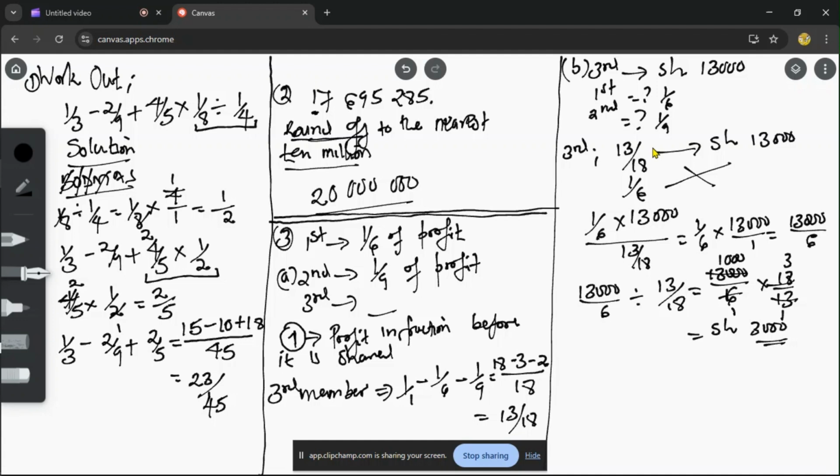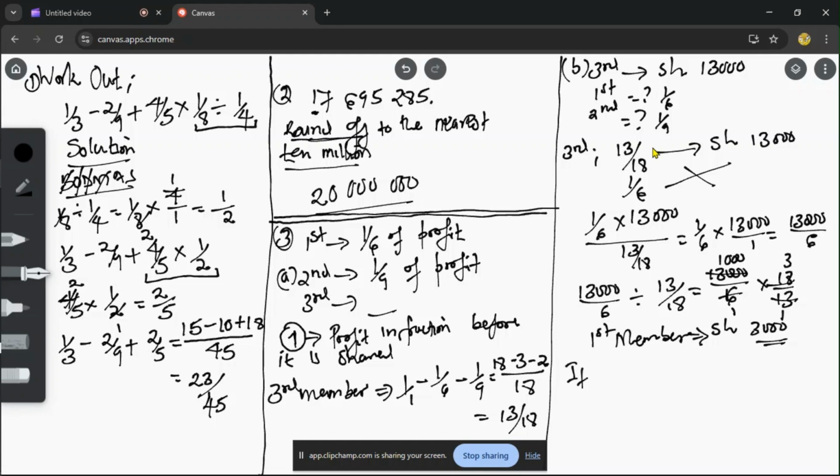If I go to the second, I'll still come and ask myself. So this is the first member. First member received that amount. If I want to get the second one, I'll still come and do the same thing here.